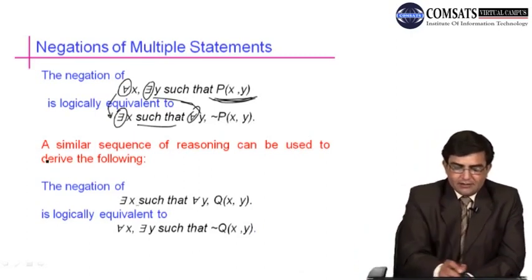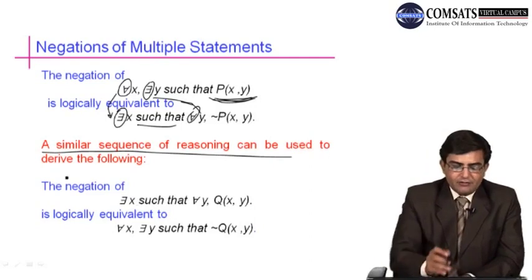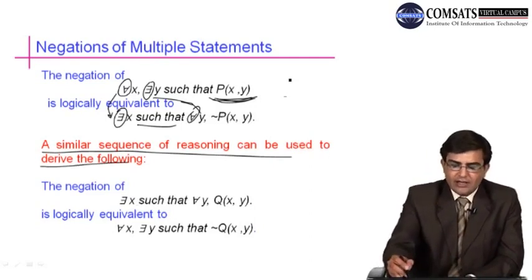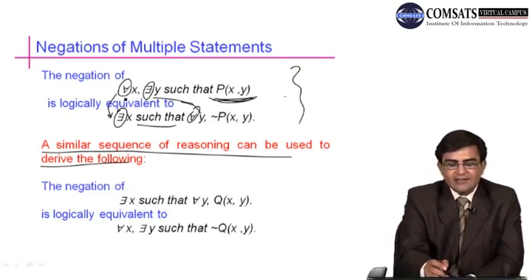A similar sequence of reasoning can be used to derive the following. In this case we first had for all and then there exists.